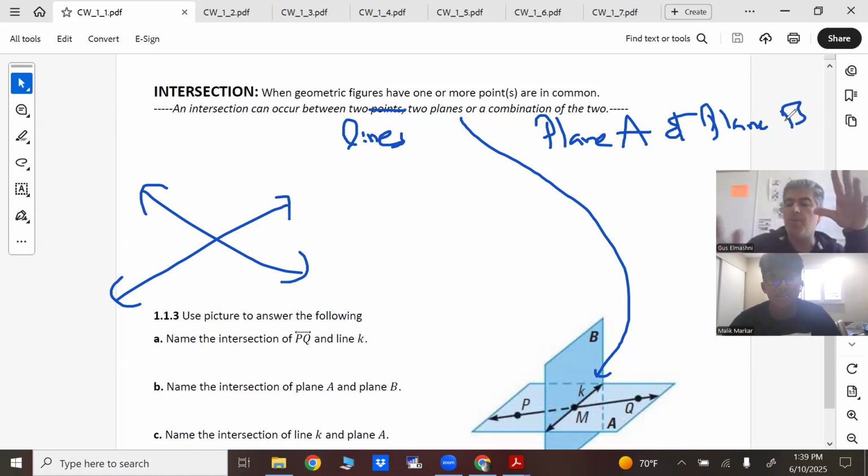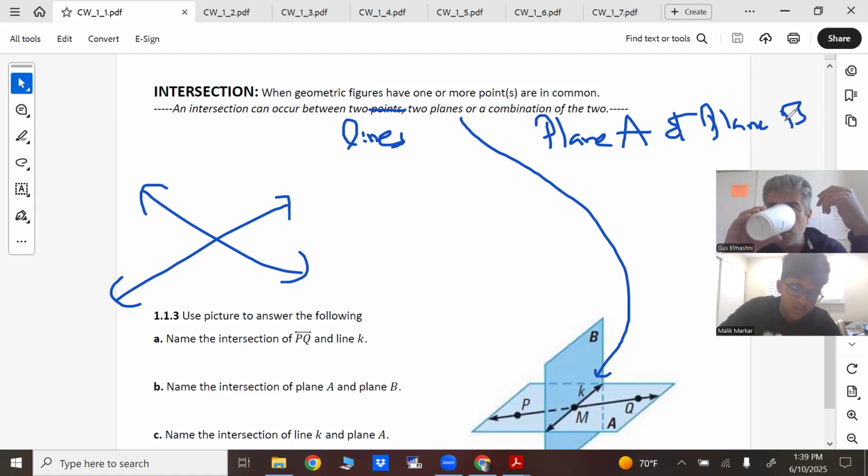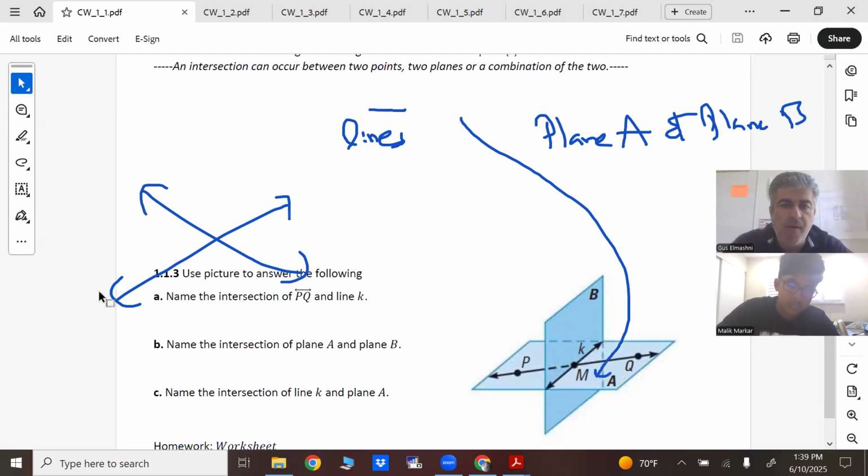Like if you took two pieces of paper and kind of ripped them in the middle, and then brought those pieces of paper together like this, that crease there, then it'll be K. It'd be line K, right? But for two lines, it would just be a point, unless they're the same line and coincide, or two lines are parallel, then they would never touch.